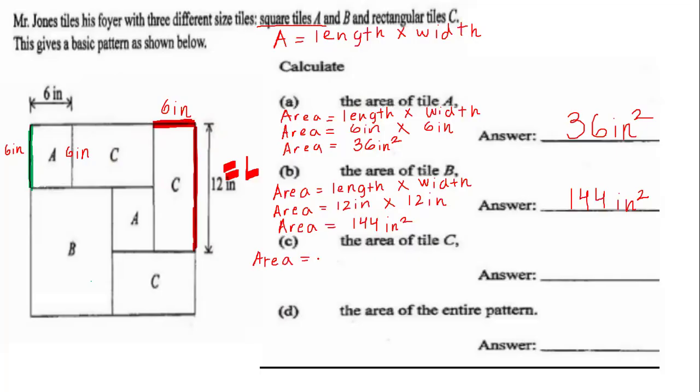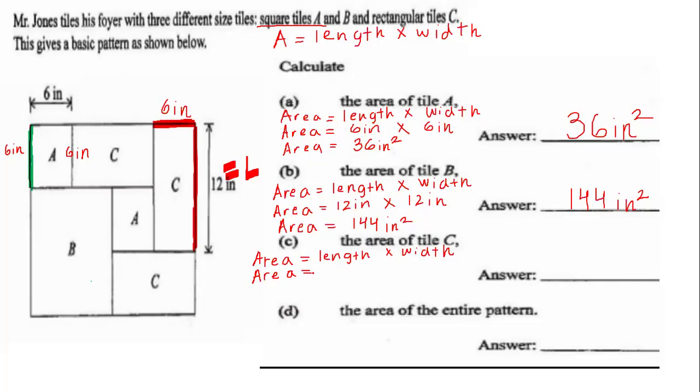What is the formula for a rectangle? Length times width. Length times width, very good. And so area is going to be equal to, what's the length?